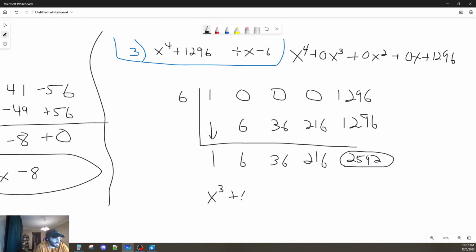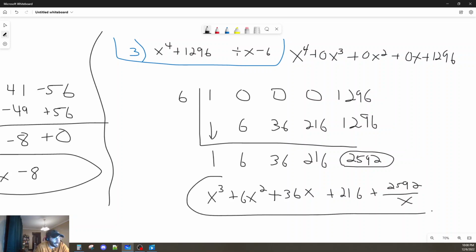Plus 6x squared plus 36x plus 216, and then the remainder is going to be, I believe he does 2592 divided by x. That's what it looks like he does right there, because the remainder is being divided by this x right here. So don't worry too much about that, but this is how he got his answer.